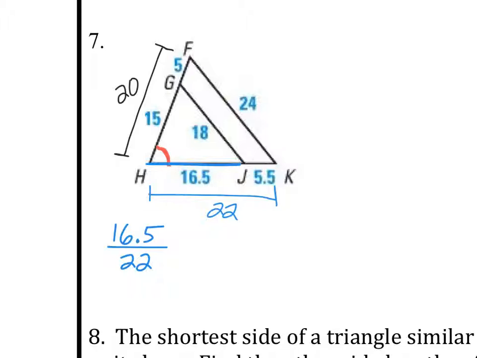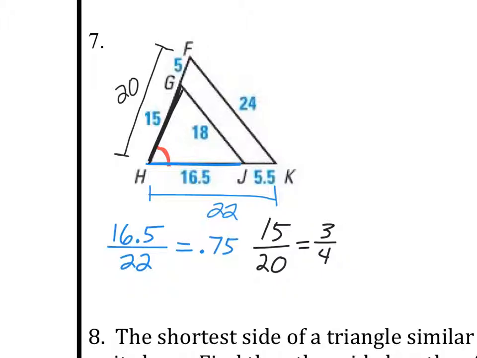Since you have a decimal, I would go ahead and just divide that 16.5 divided by 22 and get it as a decimal. Bonnie, what do we got? Okay. And now we can check 15 corresponds to 20. You can divide that one as well, or you can leave it as a fraction and simplify it. If you leave it as a fraction, it simplifies to 3/4.